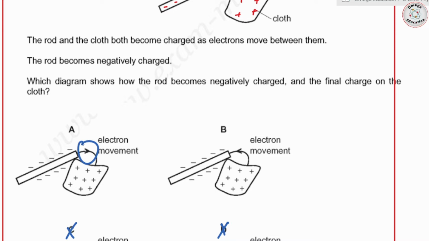Had the electrons moved from the rod towards the cloth, then the cloth would have had negative charge. So B is the right answer, because B says that when you were rubbing these two bodies, electrons moved from the cloth towards the rod. That's why the cloth has positive charge, and that's why the rod has negative charge.